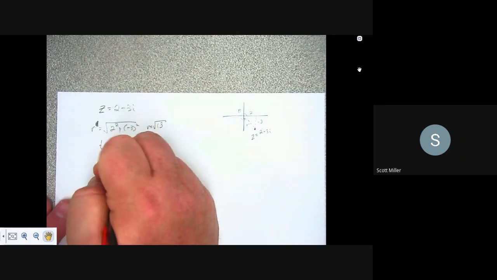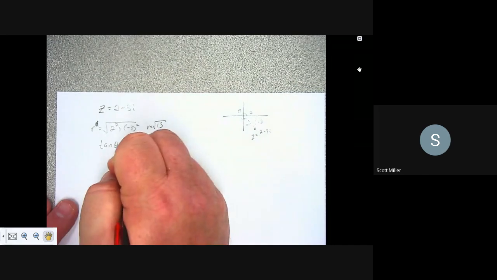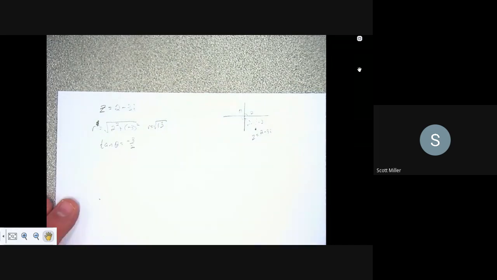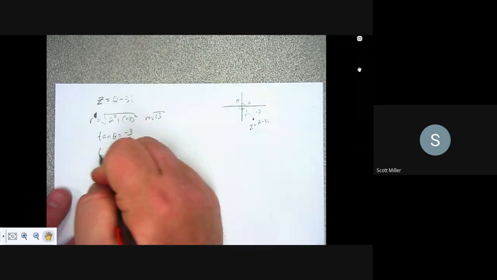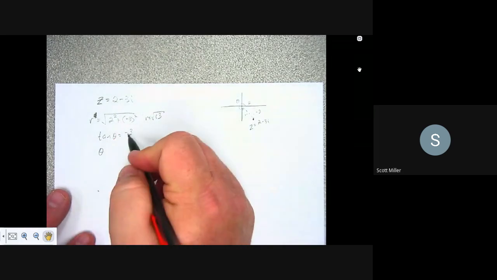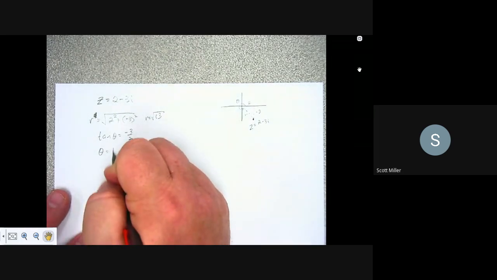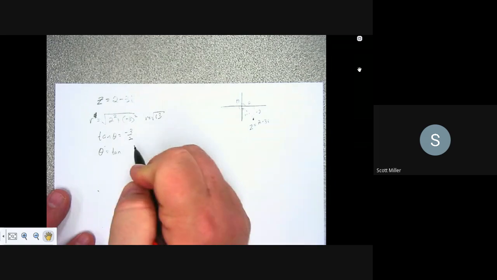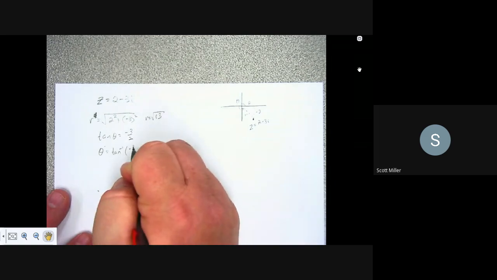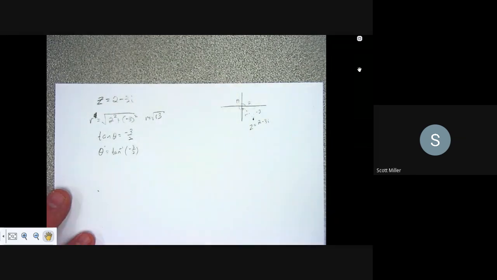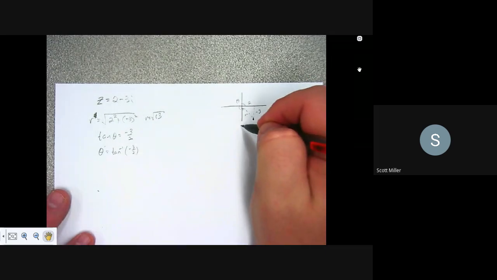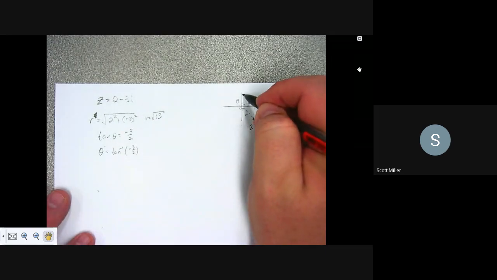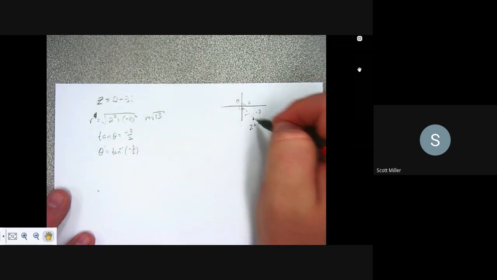The tangent of theta is negative 3 over 2. Because this is negative, the inverse tangent is going to give a reference angle to the one we want, because the inverse tangent gives me angles between negative pi over 2 and pi over 2. So this angle is the wrong angle.